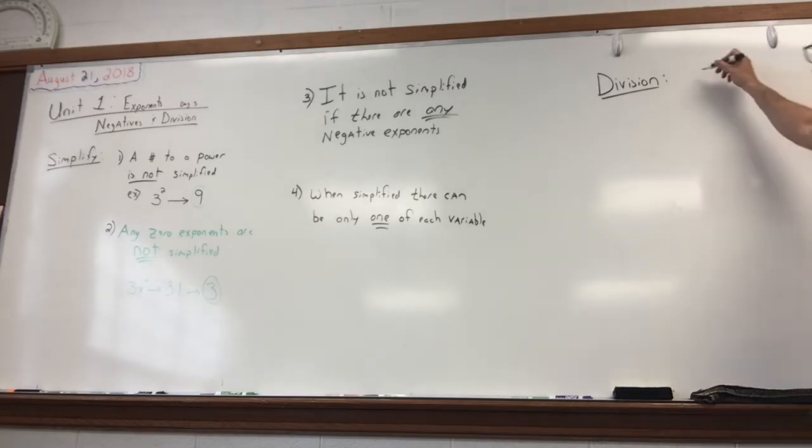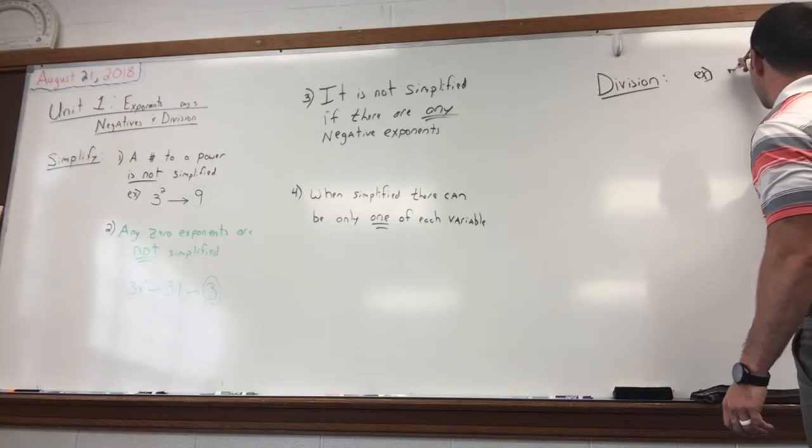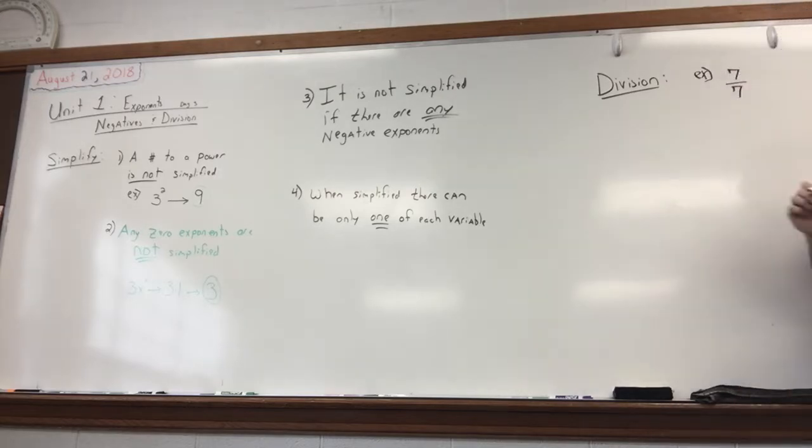So if you see the fraction of 7 over 7, that means 7 divided by 7. What is any number divided by itself? 1. Megan? 1. 7 divided by 7 is 1.